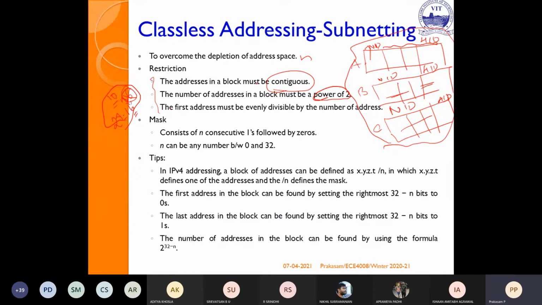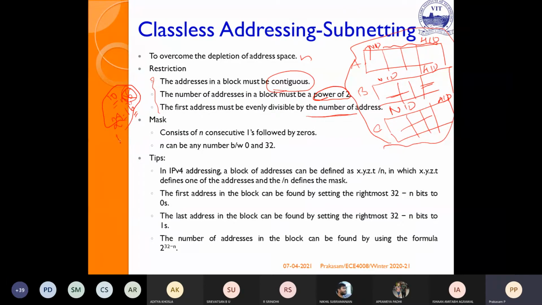The first is that the addresses are always contiguous. The number of addresses in a block must be a power of 2. And the first address must be evenly divisible by the number of addresses. Always, the first address of any network must be evenly divisible by the number of addresses in the respective block. This is the restriction.